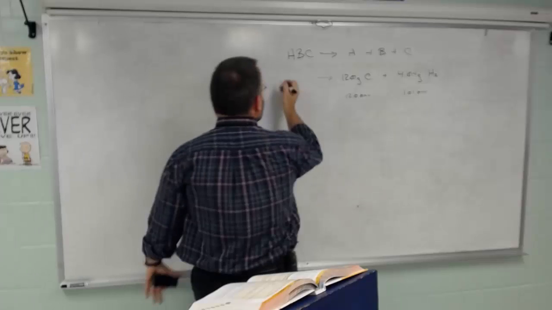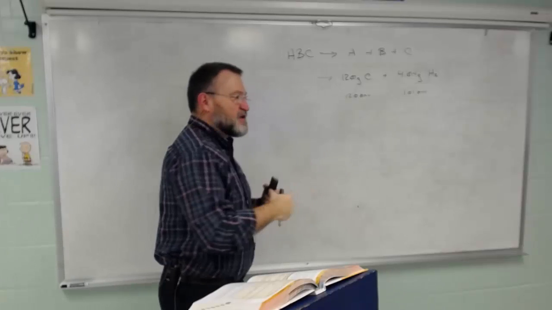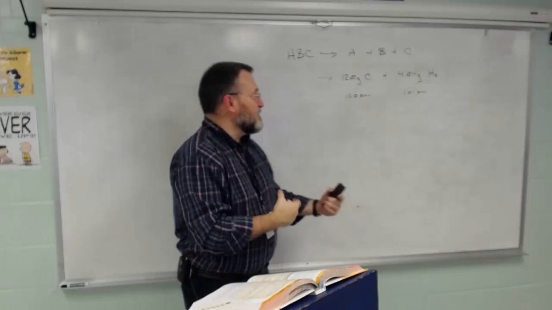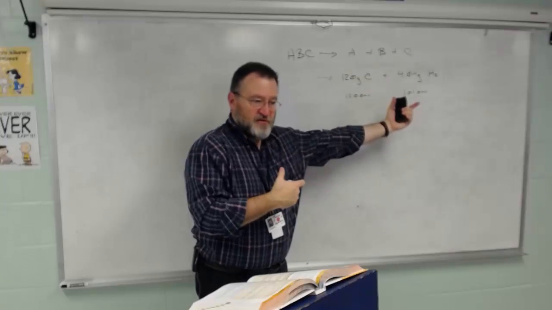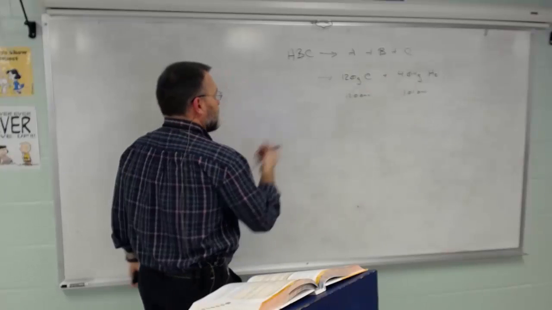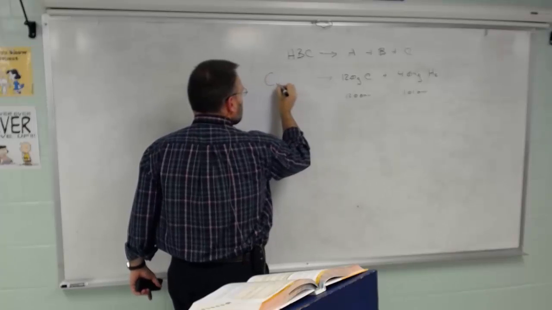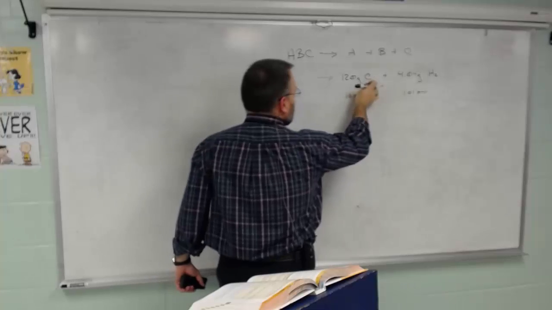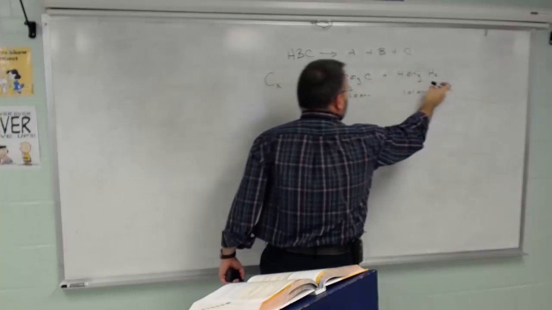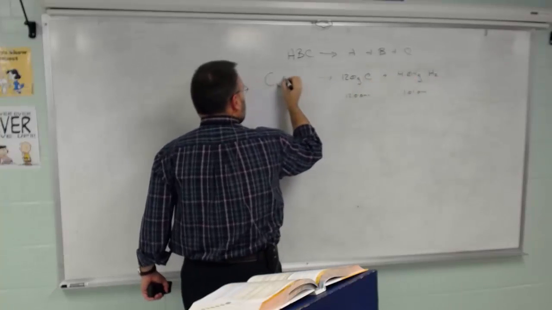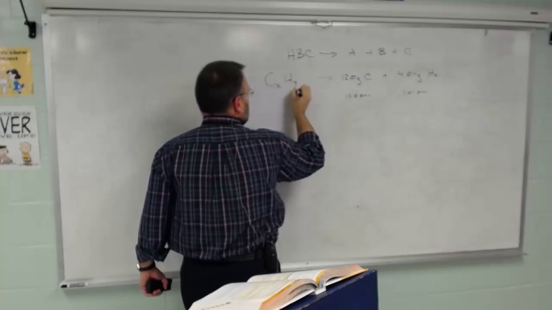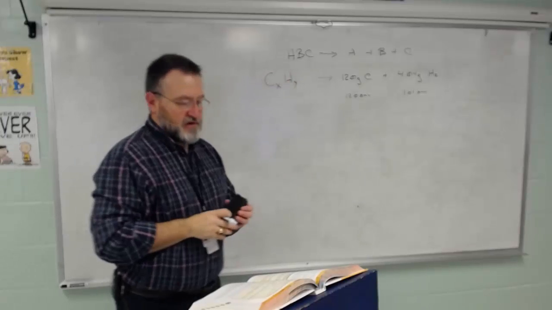We know that we've got some combination over here. We've taken a single molecule and broken it down into two different products of reaction. So we know that our original molecule had to contain a certain number of carbon atoms, because carbon is one of the products, and it had to include a certain number of hydrogens, because hydrogen is a product of reaction as well.